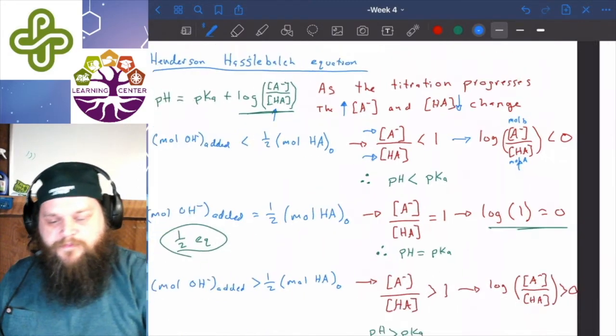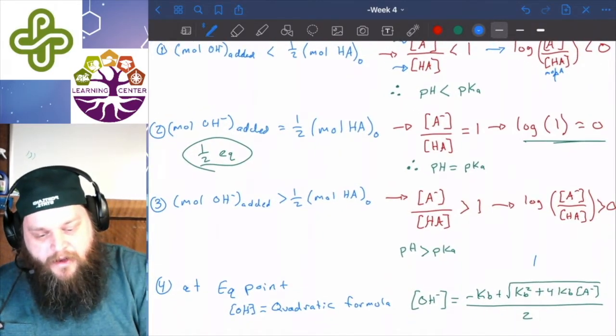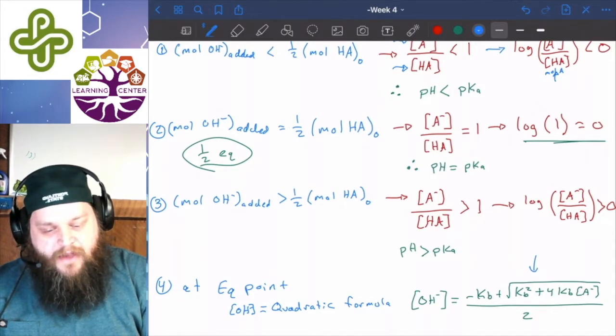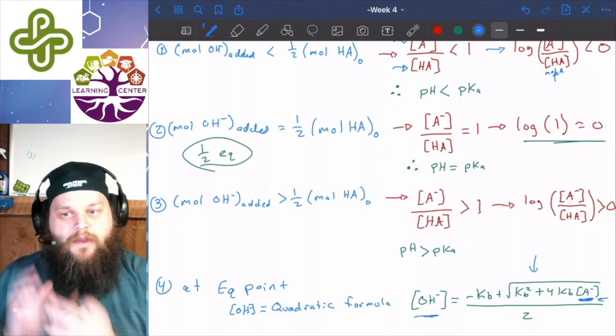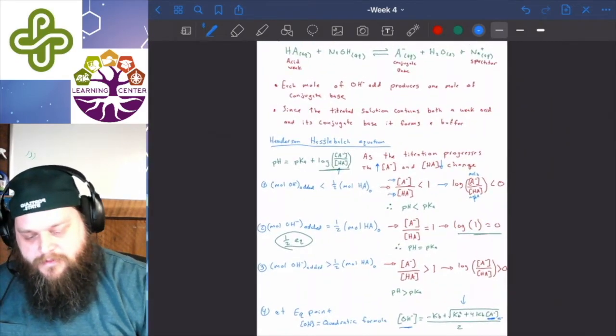Cool. So the same idea here. We don't really need to know the volume of that as long as we have the Ka, and this concentration here kind of tells us that concentration. So we do need to kind of know the volume, but we can take the volume by the initial plus what we added to find that as well.